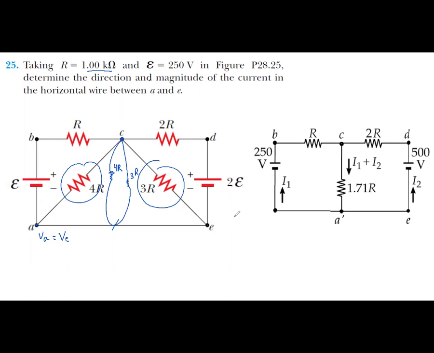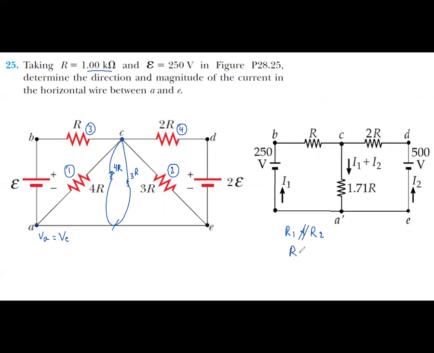Okay, how? Let me label each one. Here we have 1 and here we have 2, 3 and 4. We can say R1 and R2 are parallel.